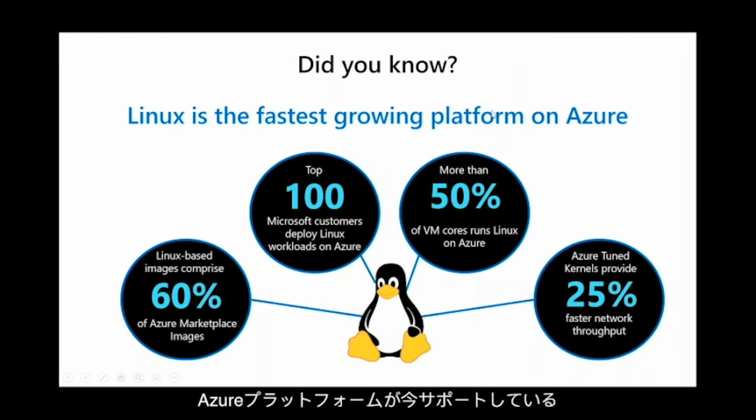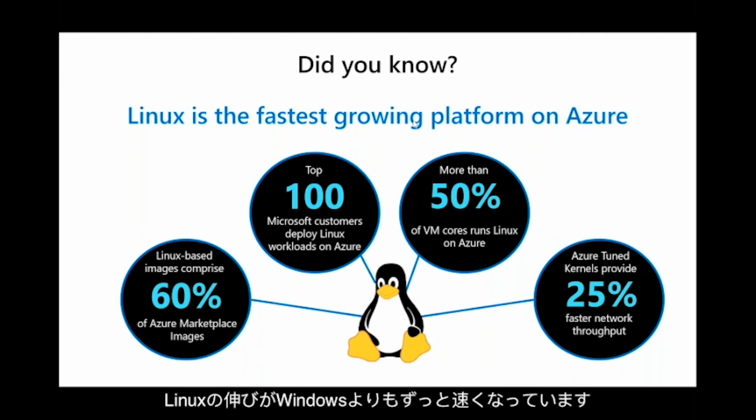If you think about the Azure platform and the solutions that we see customers deploying on cloud, we find that of all of the servers or VMs running on Azure, Linux is growing much faster than Windows.